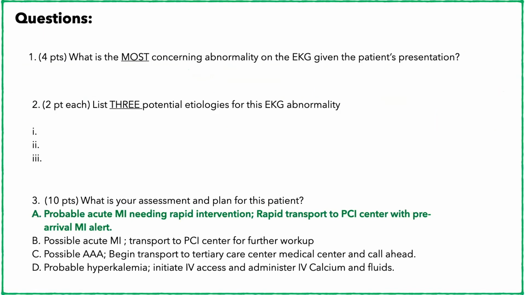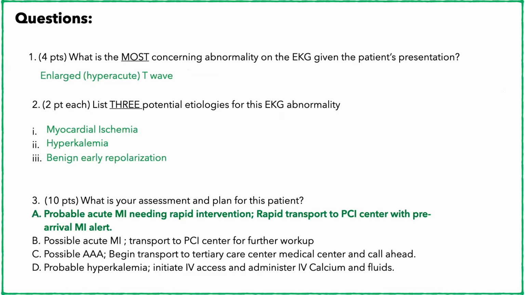But we then work backwards, right? And thinking about the most concerning thing in this EKG, is this enlarged T wave, possible hyperacute T wave? What is the differential diagnosis for enlarged or hyperacute T waves, which include myocardial ischemia and hyperkalemia, but also benign early repolarization?